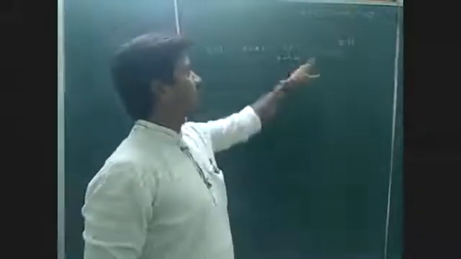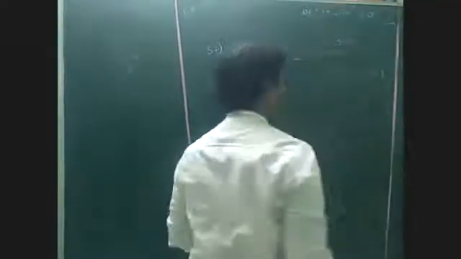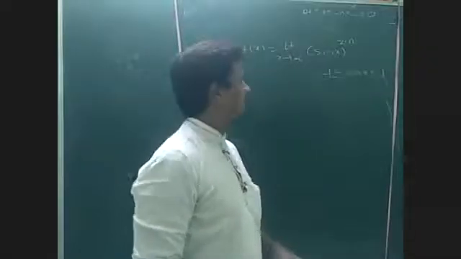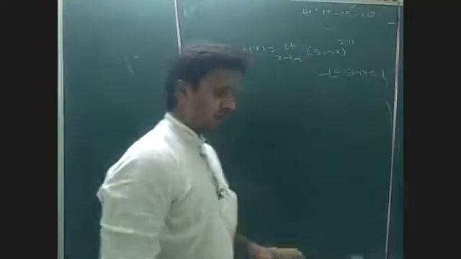How to do this? See, whatever the x value is, sin x is right between 1 and minus 1. Maximum value is 1, minimum value is minus 1. So the power of 2n will be there.